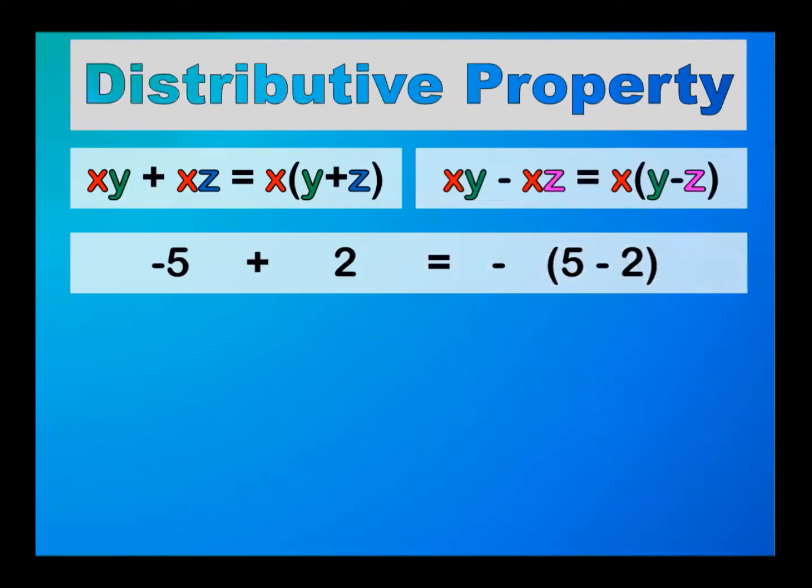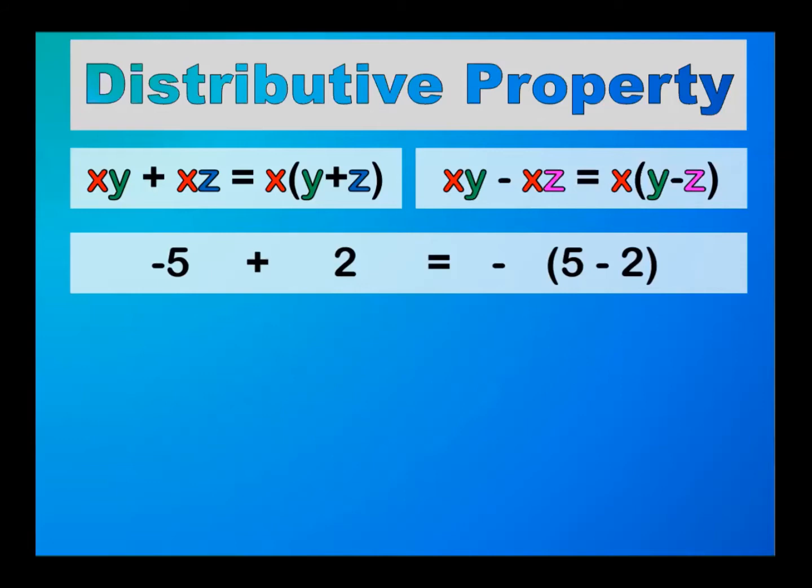Another one, which is probably based on the first equation, is x times y minus x times z equals x times parentheses y minus z. On the right equation, z is the opposite of the left equation. That means that z from the right equation is equal to negative z from the left equation.